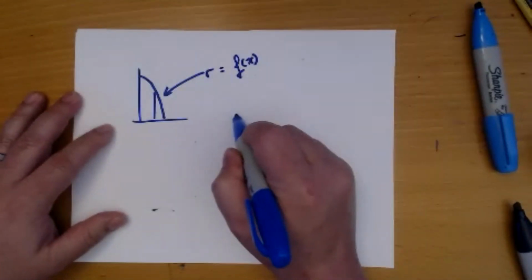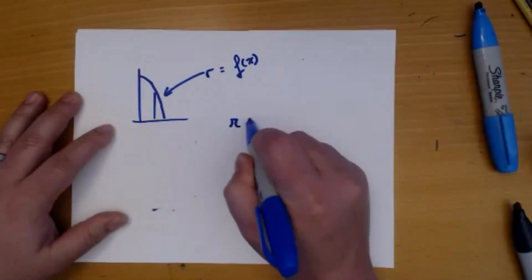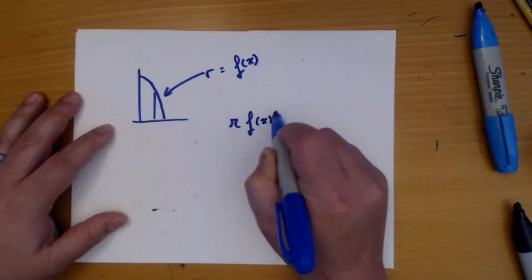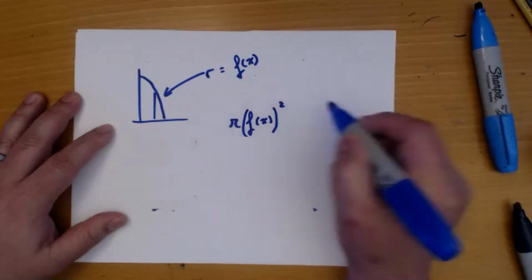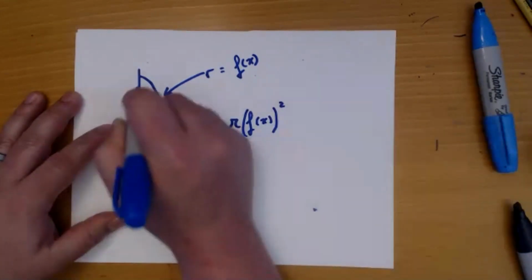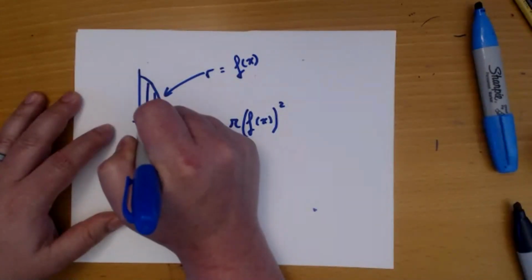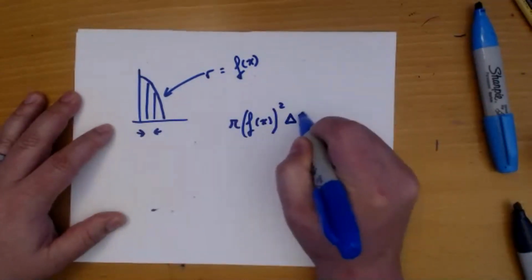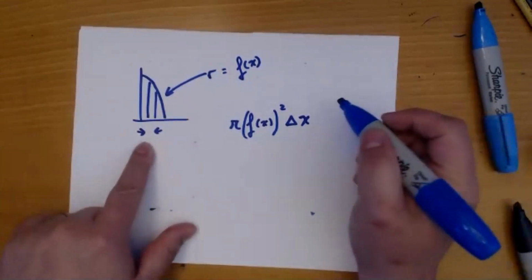So we wind up with pi r squared, and then the height was the change in x, the small little interval.